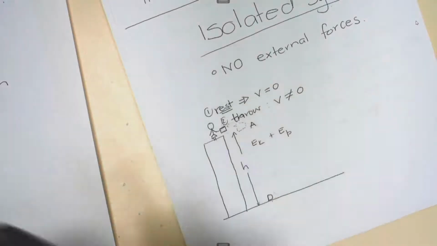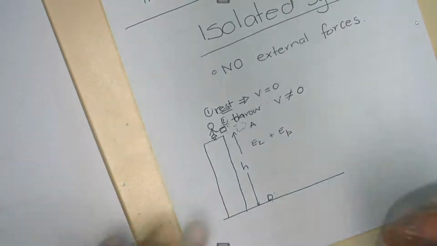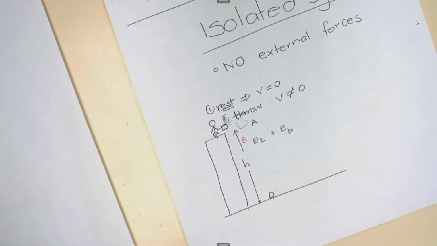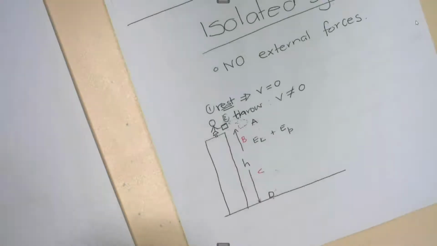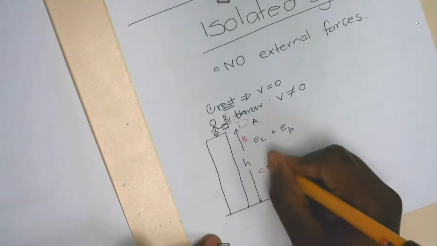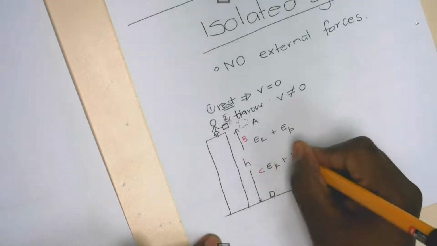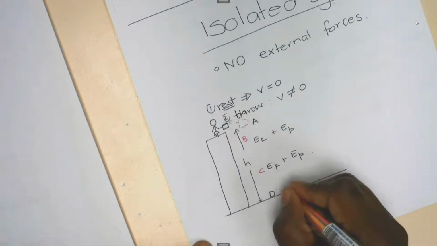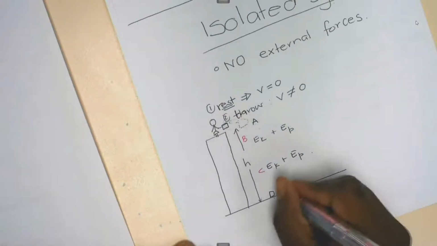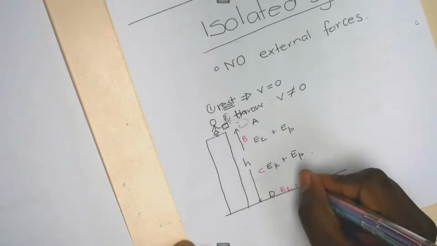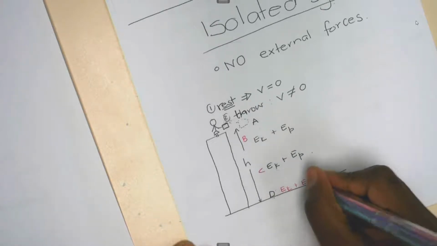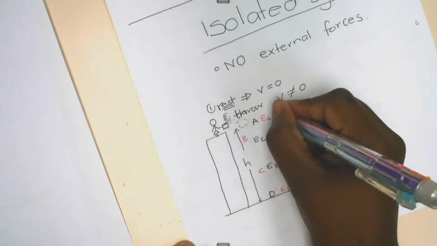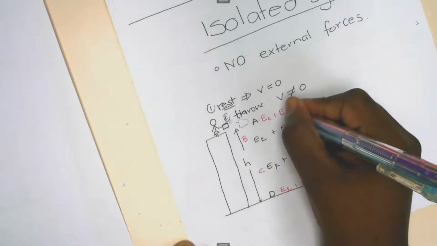Let's say this is point A, this is point B. You have the sum. At point C, you will still have the sum of the two energies. At any point, you have the sum of the two energies.